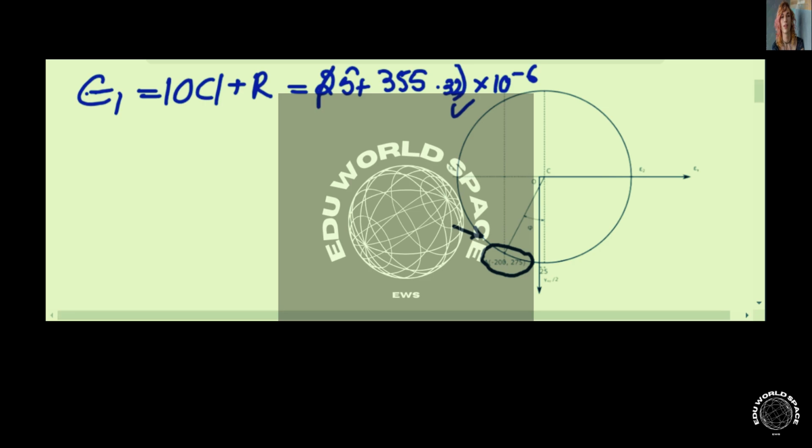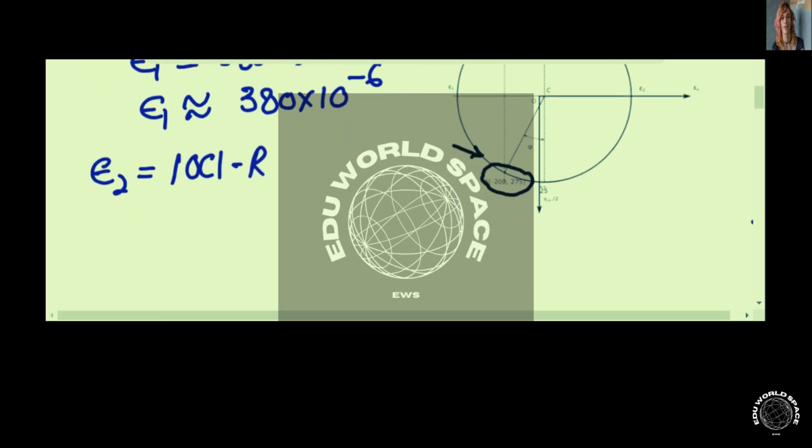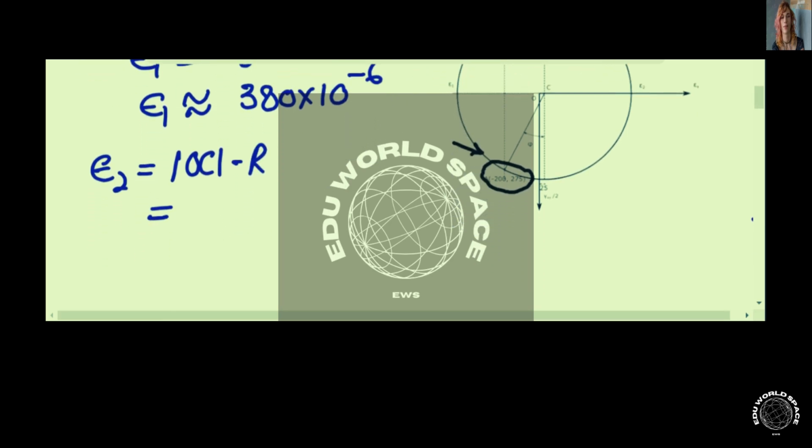So when you calculate it, you get that it's equal to 380.32 into 10 raised to power negative 6, right? And that is approximately equal to 380 into 10 raised to power negative 6, right? Similarly, we are going to find out the value of the other principal strain, so that is the origin minus the radius. You have the values, you just need to plug them in and you get that it's equal to negative 330 into 10 raised to power negative 6.